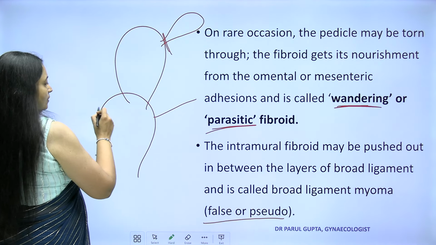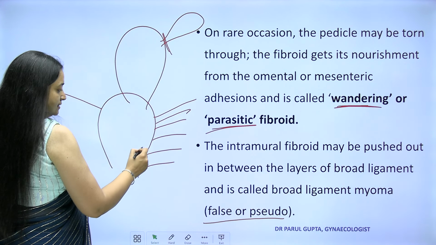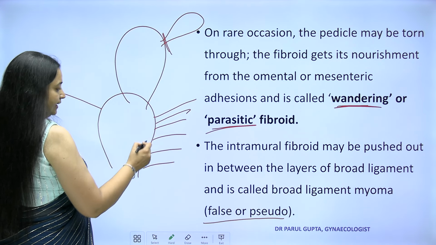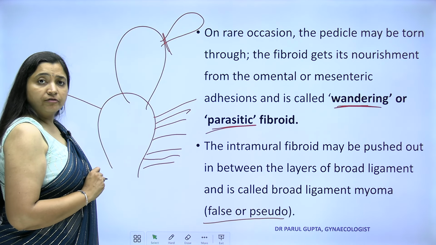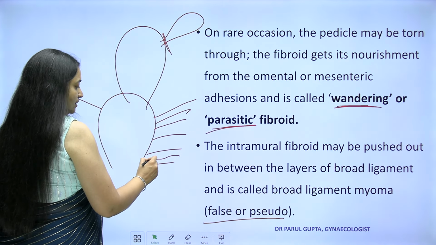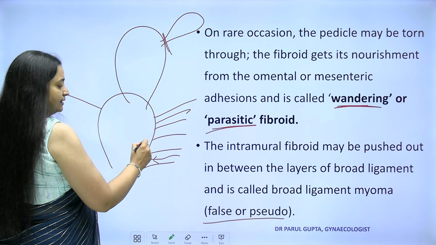See, these are your broad ligaments. A very wonderful thing is this: if we remember our anatomy, the uterine arteries come from the anterior division of the internal iliac artery. They go towards the uterus. At the level of the isthmus, they turn upwards.